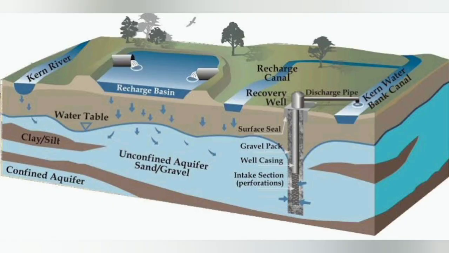And the second requirement is the identification of suitable hydrogeological environment and sites for creating a subsurface reservoir through cost effective artificial recharge techniques. So, these are the two basic requirements for any artificial recharge works.